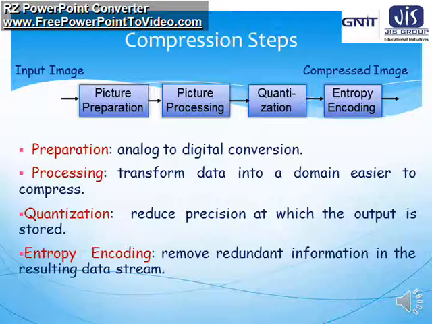Then the quantization, which reduces the precision at which the output is stored, and last is entropy encoding, which removes the redundant information in the resulting data stream. So the redundant information is removed through this entropy encoding from the resulting data stream, which is very important for image compression purposes.